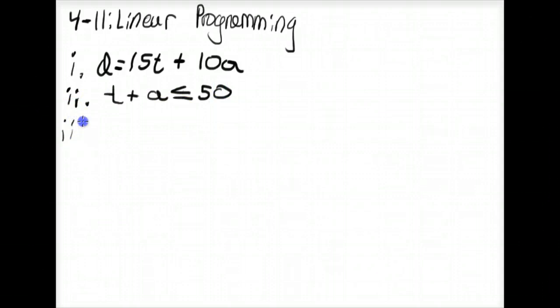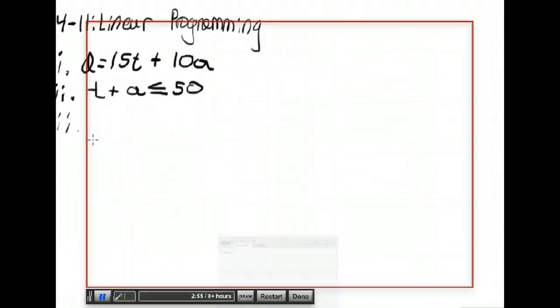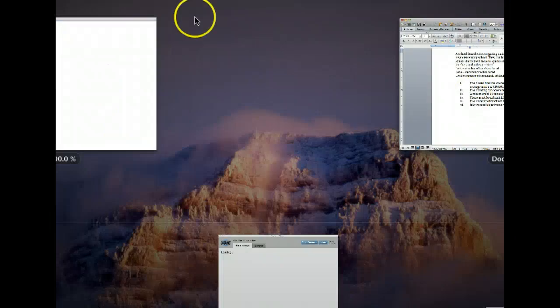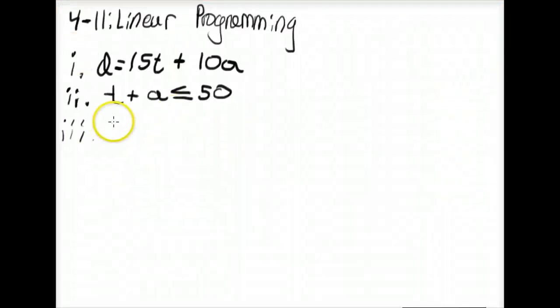For the third restraint, it says that a minimum of 20 faculty members is needed to staff the school. So that means the number of teachers plus the number of aides has to be greater than or equal to 20.